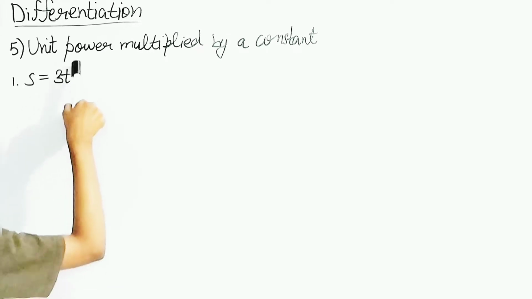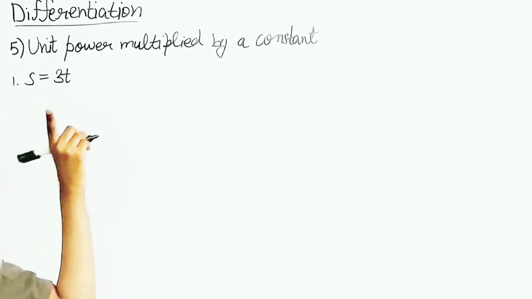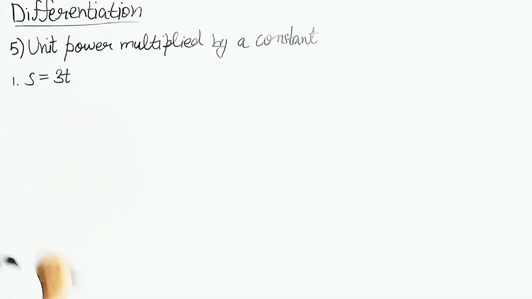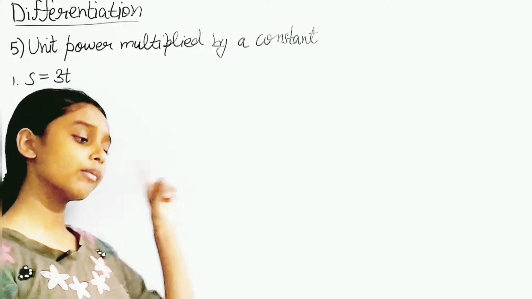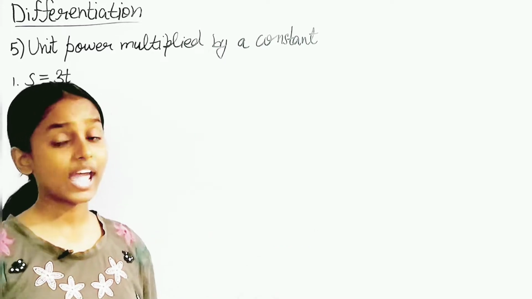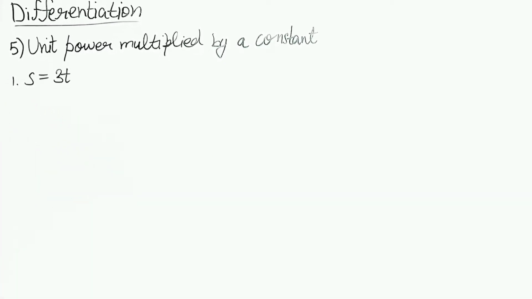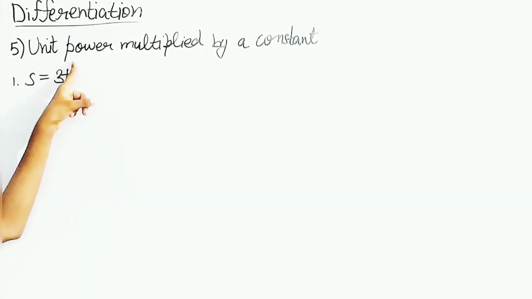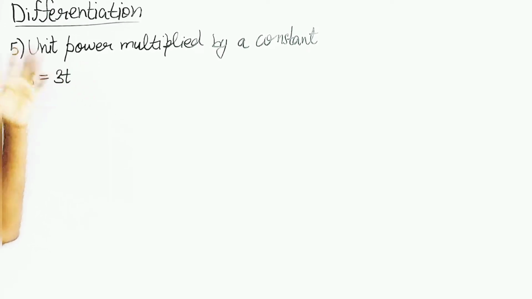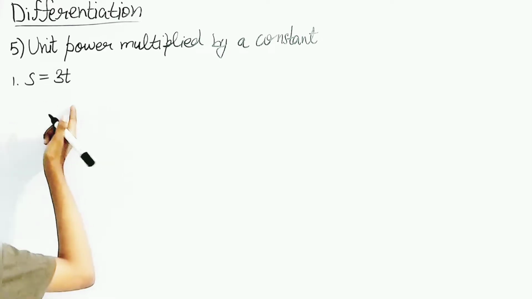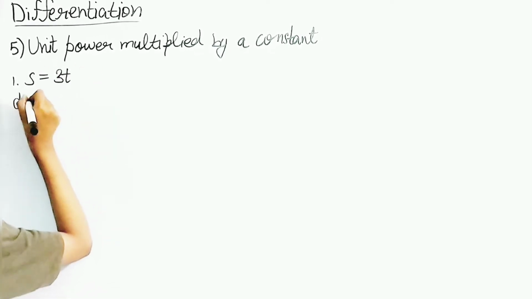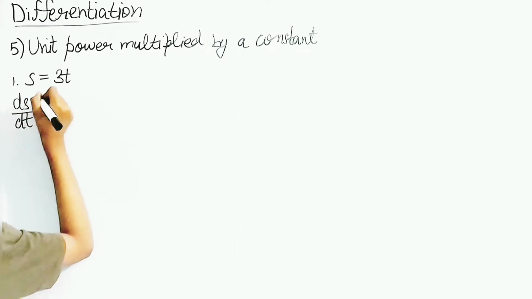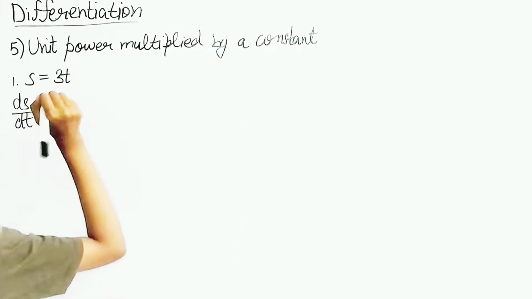Here we have the power of t as 1, so t to the power 1 becomes 1 minus 1, which is 0 in the exponent. What will be left is exactly 3. So ds by dt is equal to 3.